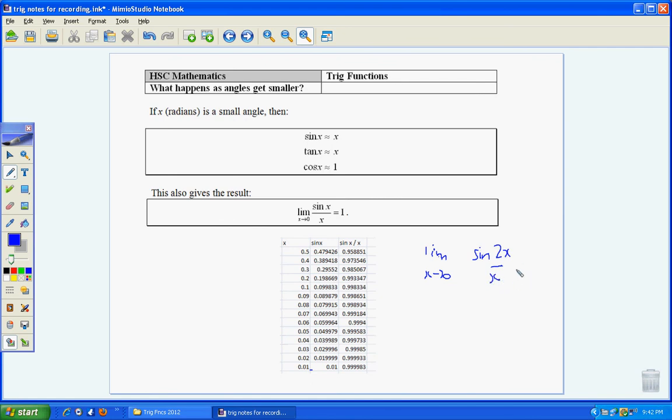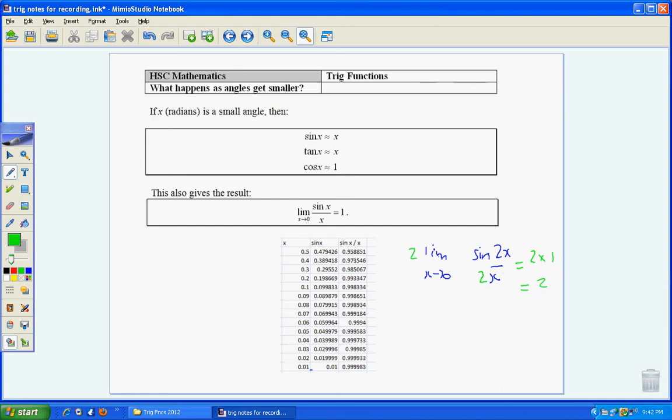Now, with this one, we don't want sine of 2x over x, we want sine of 2x over 2x. So we can change it around. We can do a bit of manipulation like we've done before and put a 2 in there and put a 2 in there. So we've divided by 2 and multiplied by 2. That would actually equal 2 lots of the limit as x approaches 0 of sine 2x on 2x. It's the same angle, so that would equal 1.